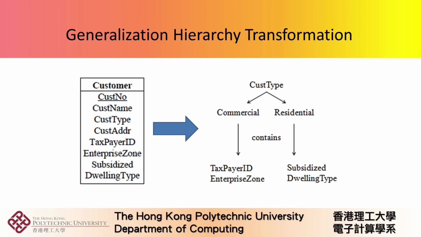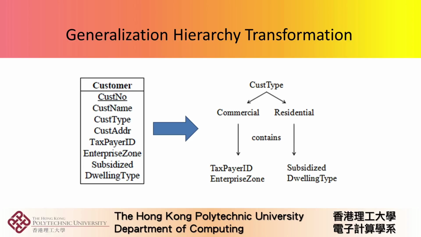This transformation should be used sparingly because generalization hierarchies are specialized modeling tools. Subtypes have specialized attributes that do not apply to all entity types. The entity can be classified into two entity types. In this scenario, customers can be classified into commercial customers and residential customers.